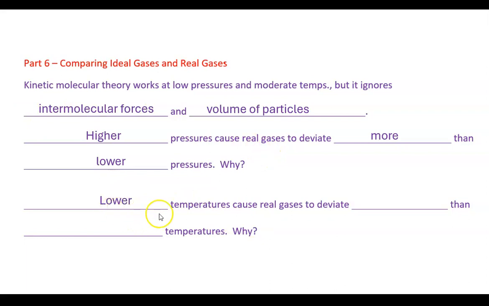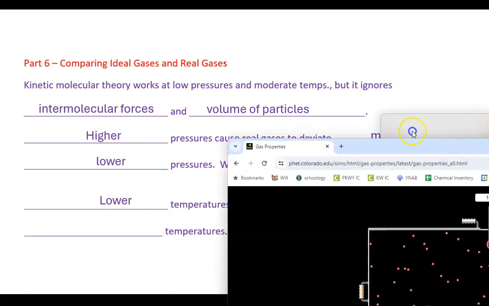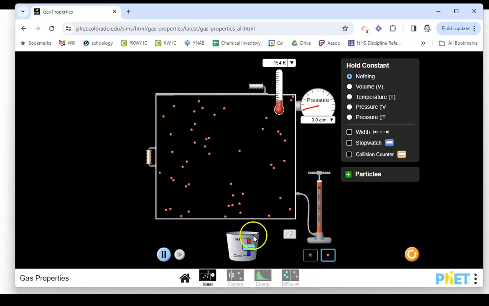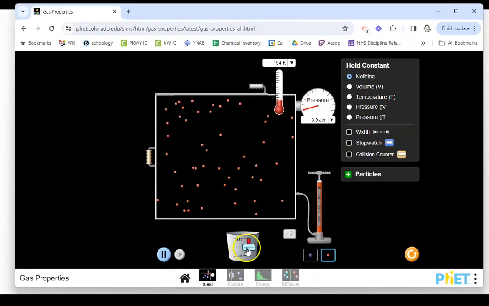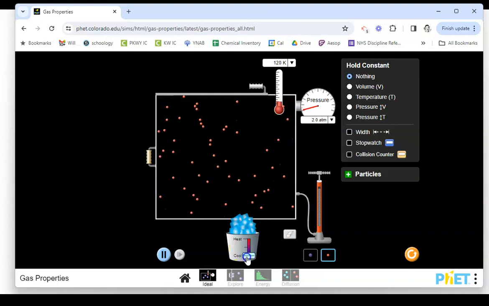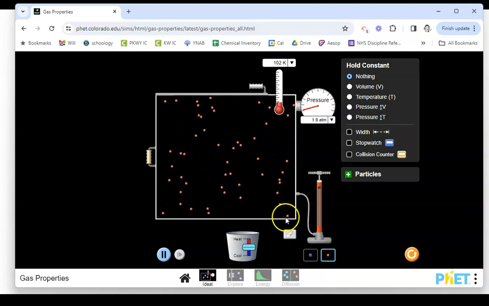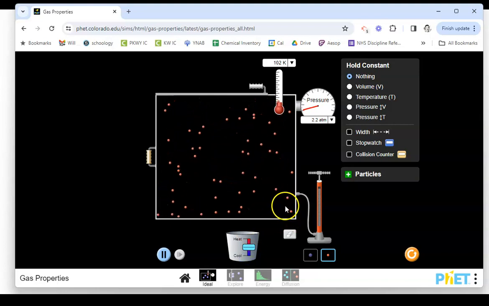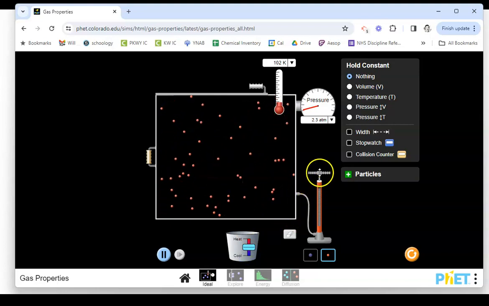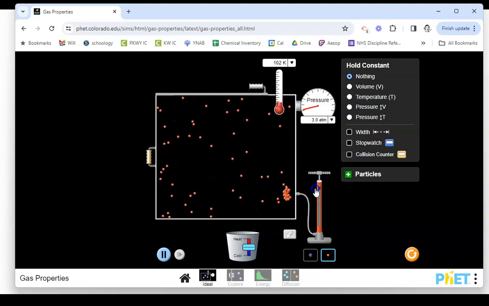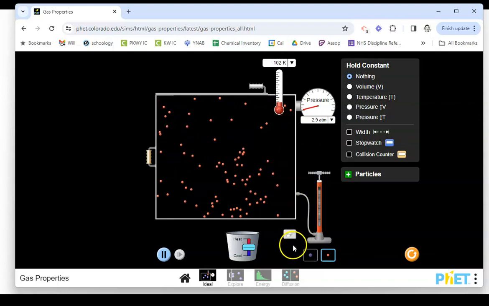Okay, and then what about temperature? At lower temperature, as I take these particles and cool them down, let's cool them down even more, even more, even more. Now let's assume that we're keeping the pressure the same. So maybe I have to put in a little bit more gas to keep the pressure the same.